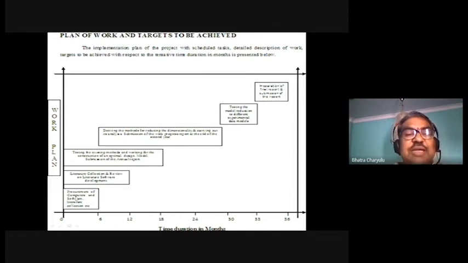So we collect the literature, and simultaneously study that literature and implement it experimentally, first of all for proving or disproving the existing study, not going for a new one.